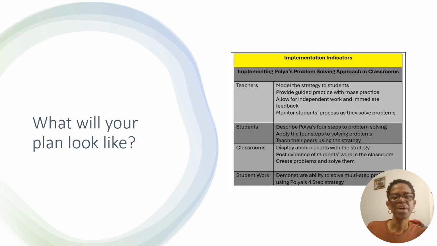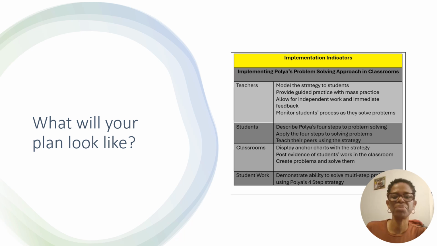Now, once you have determined which instructional strategy you are going to use as a department, you need to create a plan. And so you need indicators that will say that the plan is being utilized. So what is your plan going to look like? Who are the stakeholders in implementing that plan?